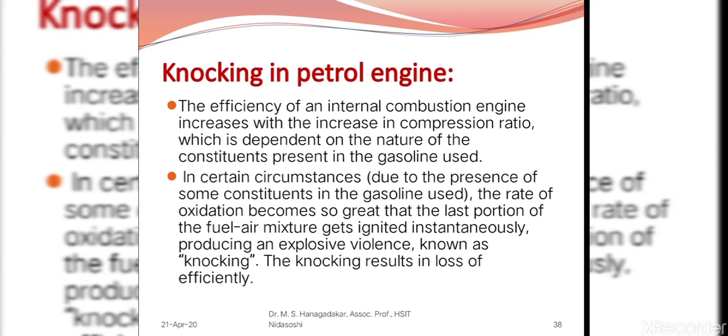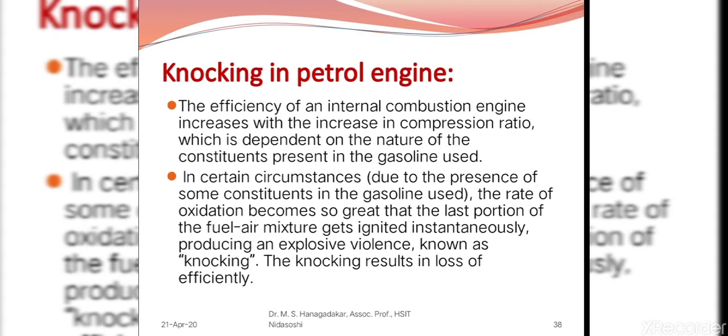The efficiency of internal engine increases with increase in the compression ratio. Compression ratio increasing, it increases the efficiency of the engine, and also more power is obtained from the engine. This is totally dependent on the nature of the constituents present in the petrol we are using or the gasoline, and also the condition of vehicle how we are going to ride it.